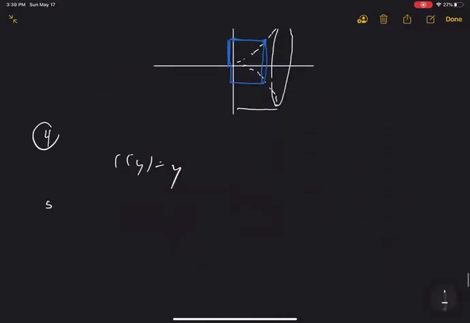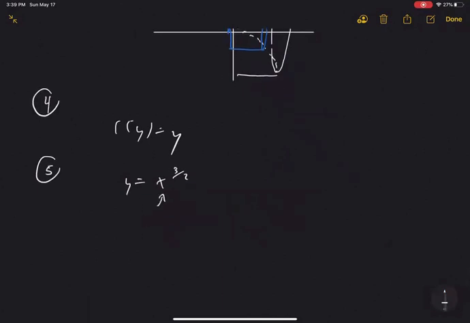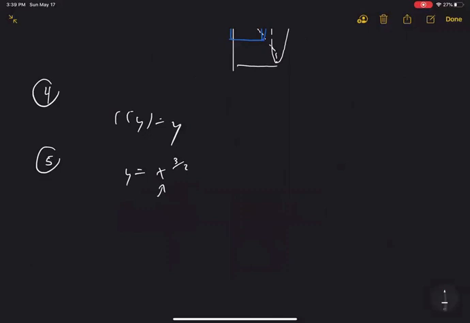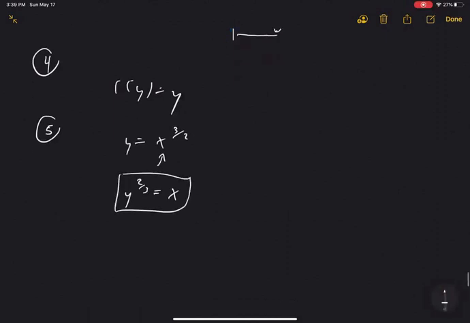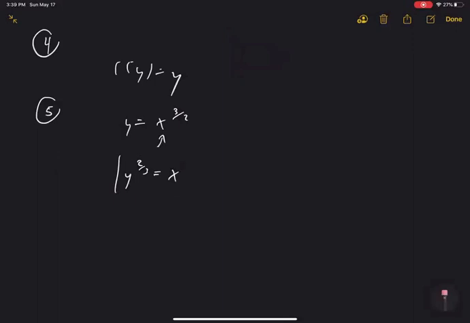So I have this equation, and I'm looking for the x-coordinate. When I know the y, what is the x-coordinate? I just take this equation and solve for x. So y to the power 2/3 equals the height, or length, of my cylinder.